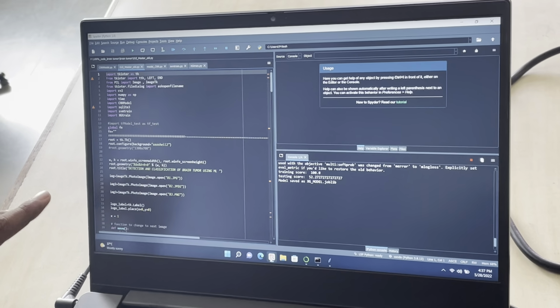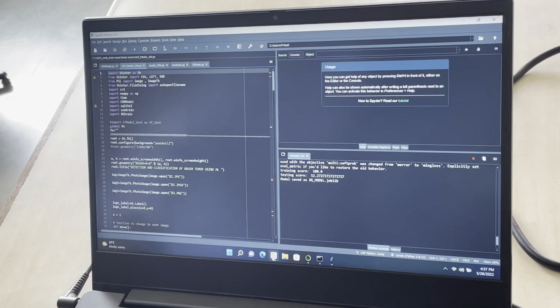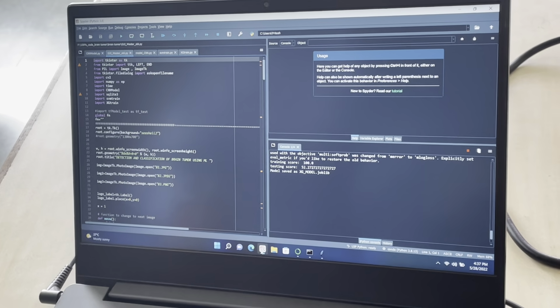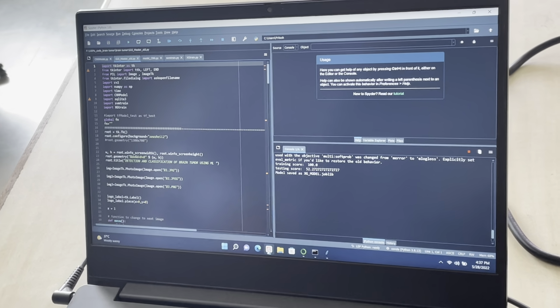So these are the results of the XGBoost model that we have trained, in which we have received a training score of 100 and a testing score of 52.27.